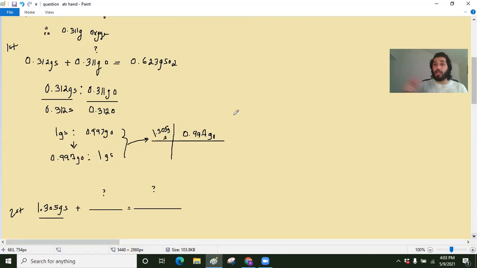That's what you want it to change into. And then you put your grams of sulfur on the bottom so that they cancel out. And if you did it the other way around, your sulfur wouldn't cancel out. If you put 0.997 on the bottom and then 1 gram on the top, you'd still be left with sulfur.